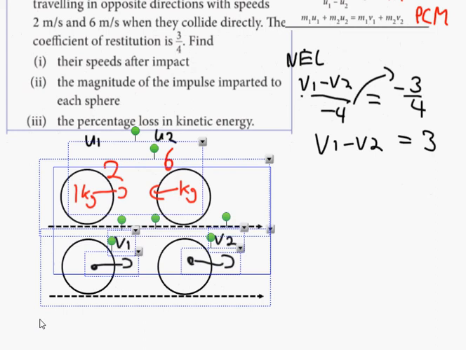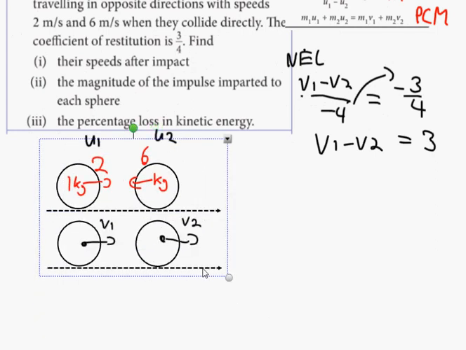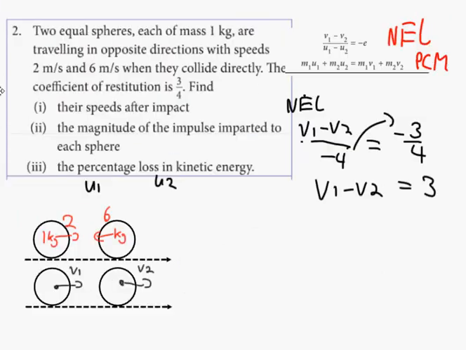Let me make this a bit smaller now. Okay, M1, anybody know what M1 is, guys? M1 is 1 kilogram, M2 is 1 kilogram. So fill in the principle of conservation of momentum.